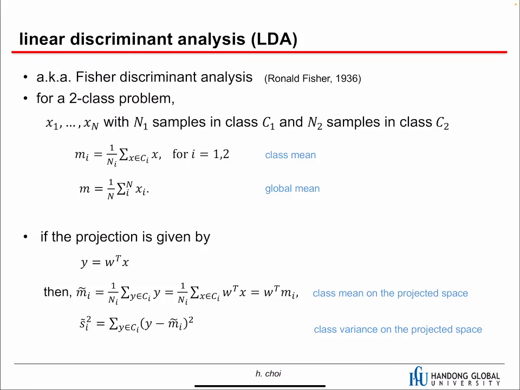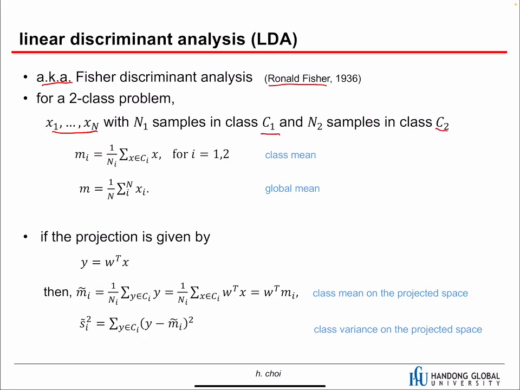Okay, so let's talk about some LDA equations. LDA is also known as Fisher discriminant analysis after Ronald Fisher. For a two-class problem, we can formulate the equation in this slide. So we have n samples, and we have class 1 and class 2.